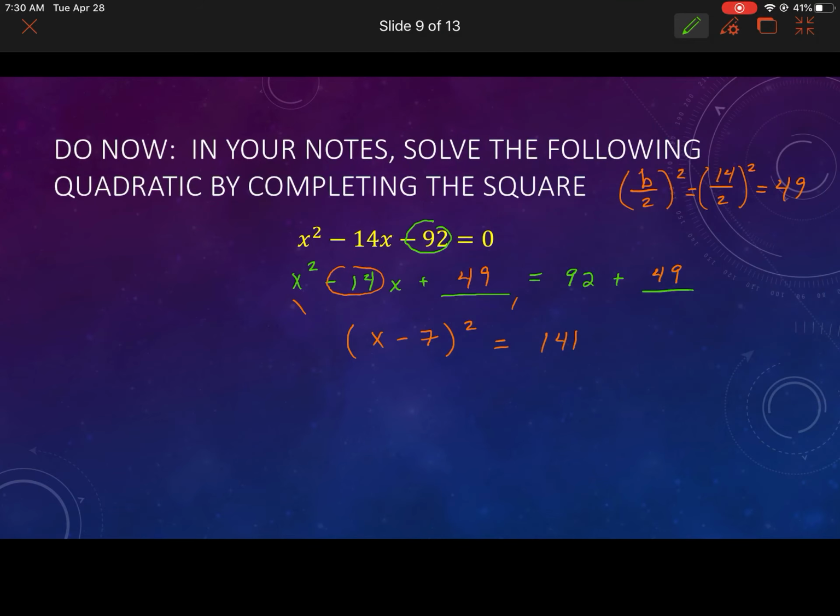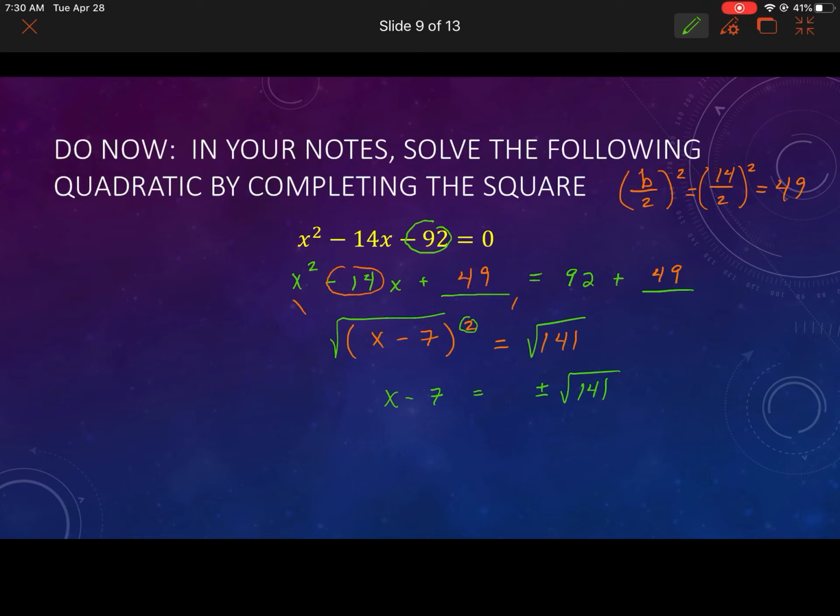And now to undo the square, we're going to take the square root of both sides, right? So we're going to have an x minus 7, and we have to do the positive and negative version of that answer. So we're going to do plus and minus the square root of 141. Okay, and we can't simplify 141.